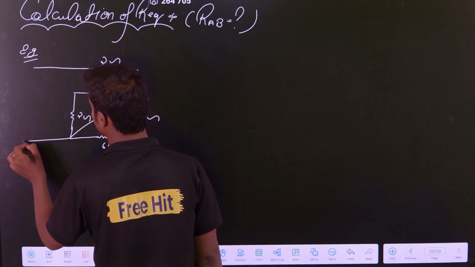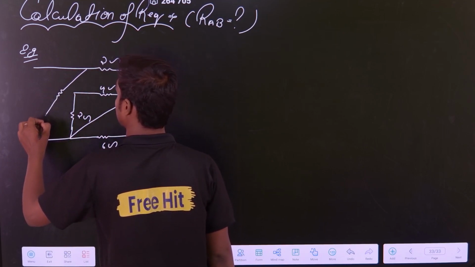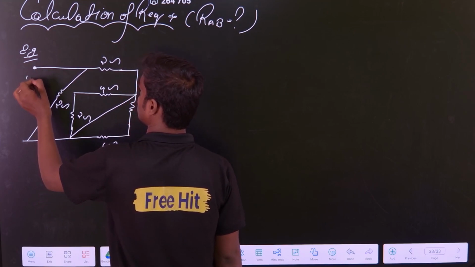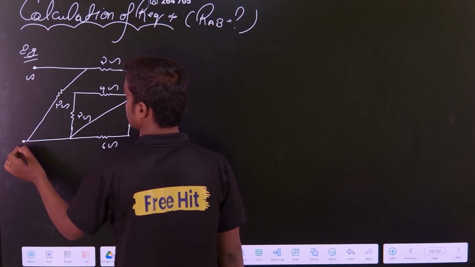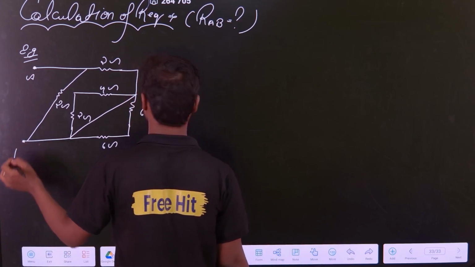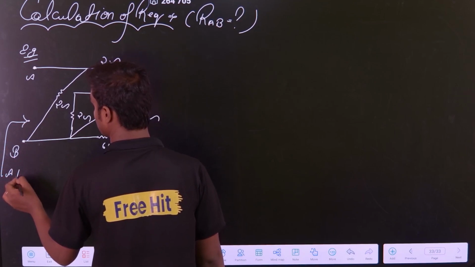Okay, clear? And this is my 2 ohm. This point is A, this point is B. Obviously, you have to calculate RAB, meaning the resistance across these points.